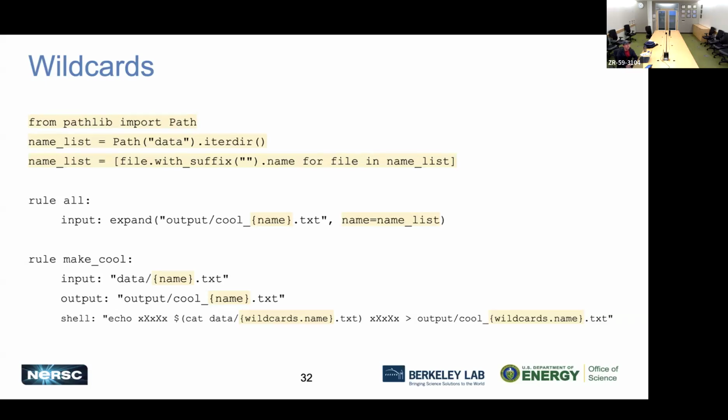So the main tentpole feature for adding flexibility to Snakemake is what they call wildcards. Wildcards use this bracket notation, and inside that bracket notation, you have some kind of identifier that signifies the wildcard.